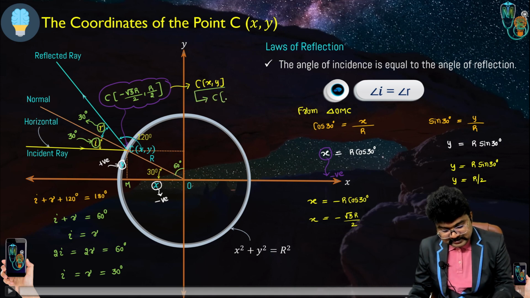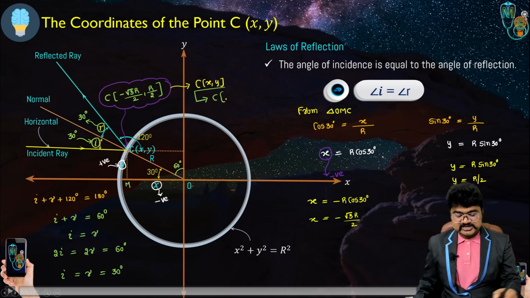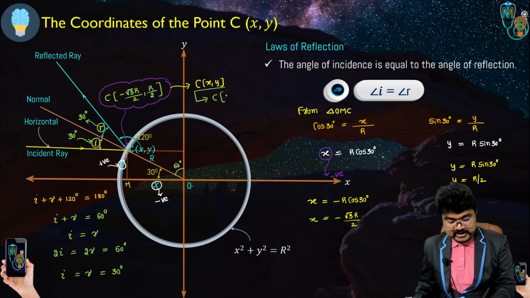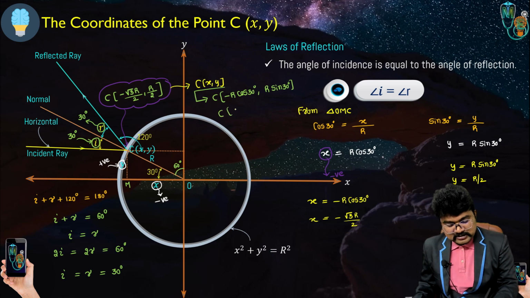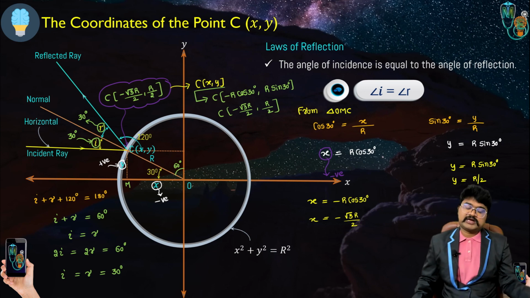R, negative direction, cos 30, horizontal component, minus R cos 30 degrees, plus R sin 30 degrees. Here C is minus root 3 R by 2, R by 2. So straight away also we can answer it.